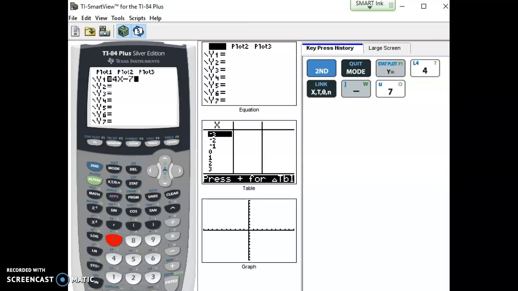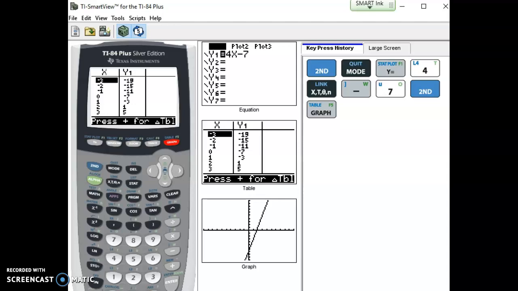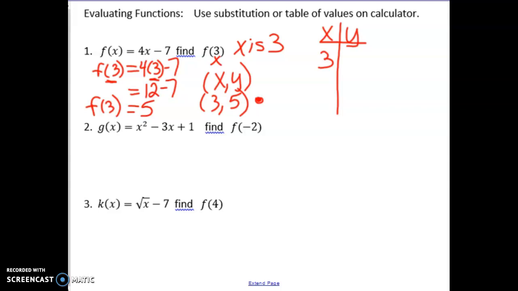Now, instead of doing the whole math part of this, we just hit second graph, which brings up our table, and we want to find the x value of 3, which is sitting right down here on my screen. If you have to scroll down for it, please go ahead and do so that you can see what you need to. So the output is 5, just like what we saw when we substituted 3 in. So you can find it in a table, or you can do the math. It is really up to you.